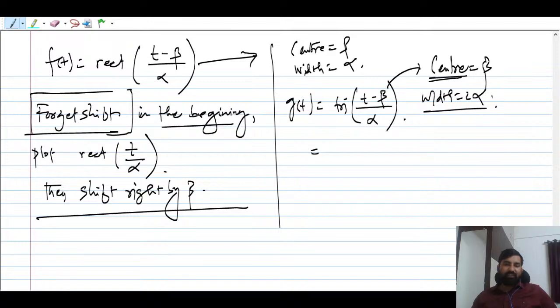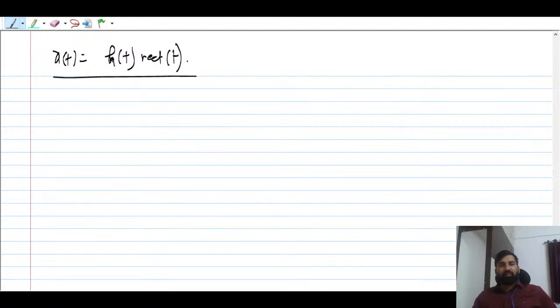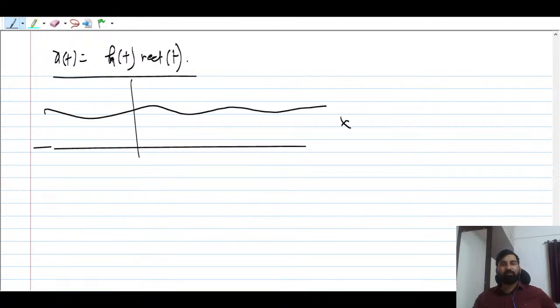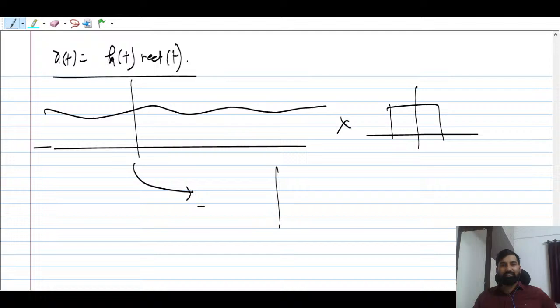Suppose any signal is given, say x(t) is given, equal to s(t). If you multiply this s(t) by rect, what will happen? This s(t) will be abruptly truncated. Suppose s(t) is like this, but if you multiply with a rectangular like this, this will become like this only.